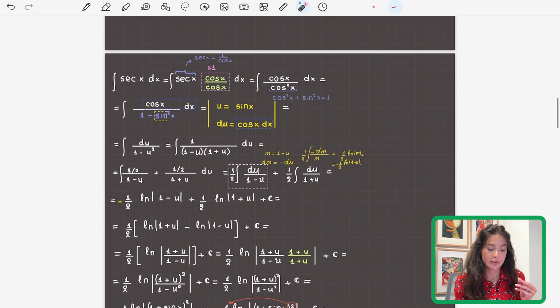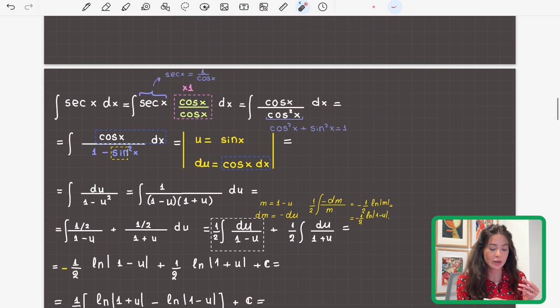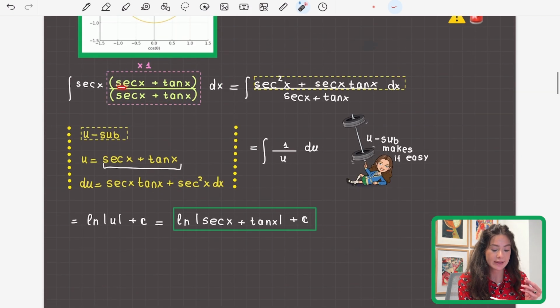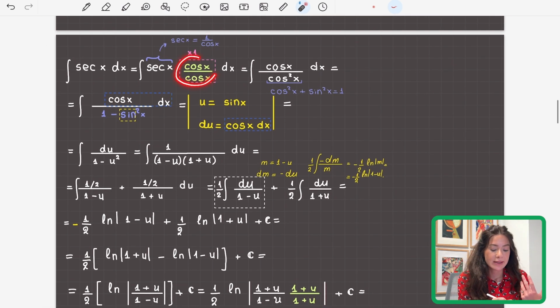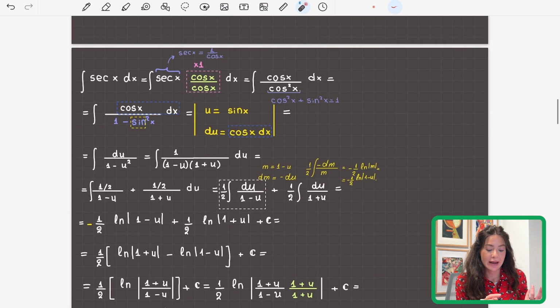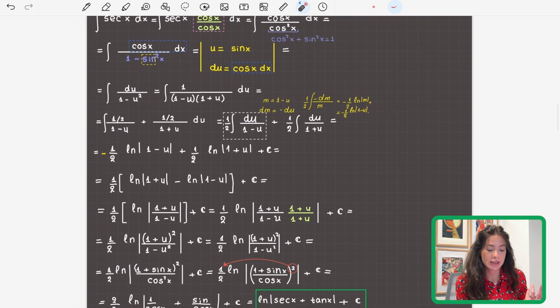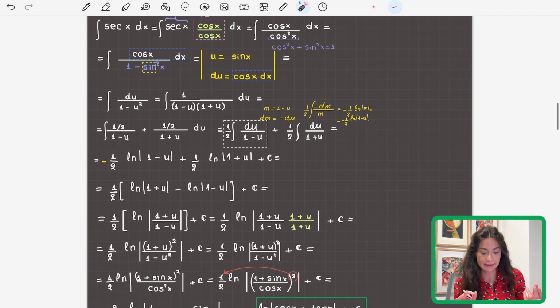There's another way to solve this integral where, instead of multiplying by secant x plus tangent x over itself, you multiply by cosine x. And maybe this is simpler to remember. However, after this point, the solution is way more complicated and lengthier.